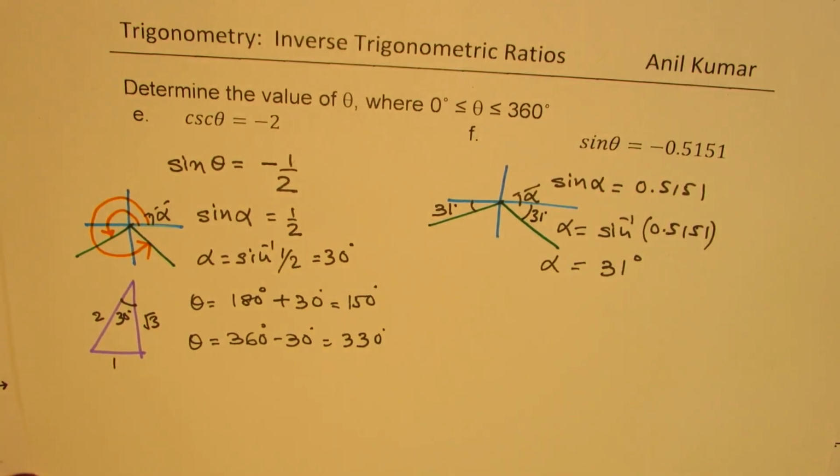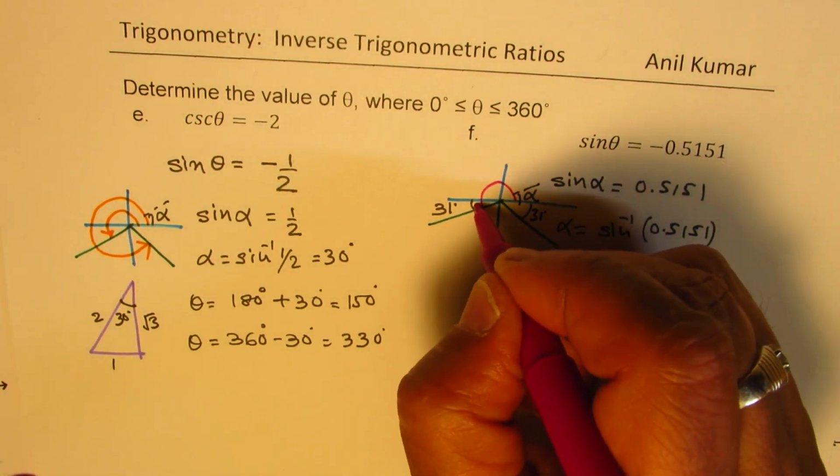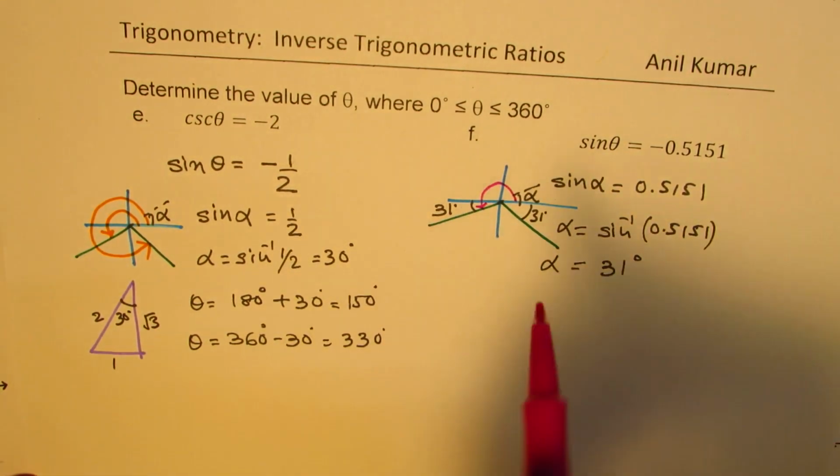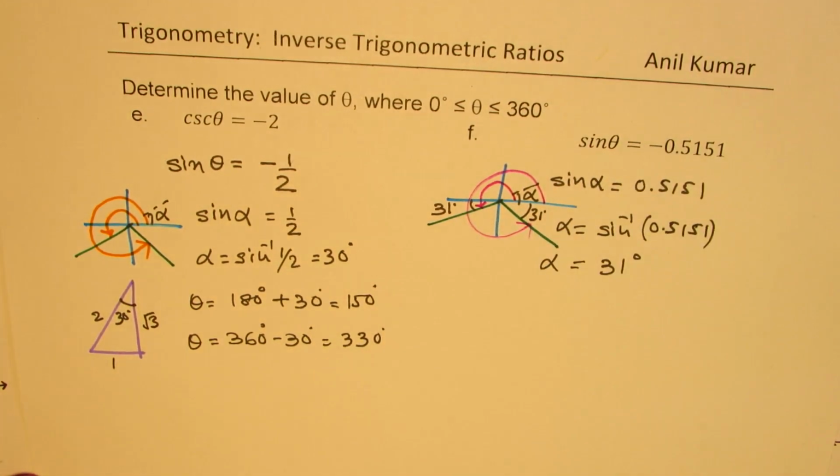But when we are writing the answer, the answer is theta, the principal angle. So this is one principal angle, which is 180 plus 31. The other one is 31 short of 360, right?